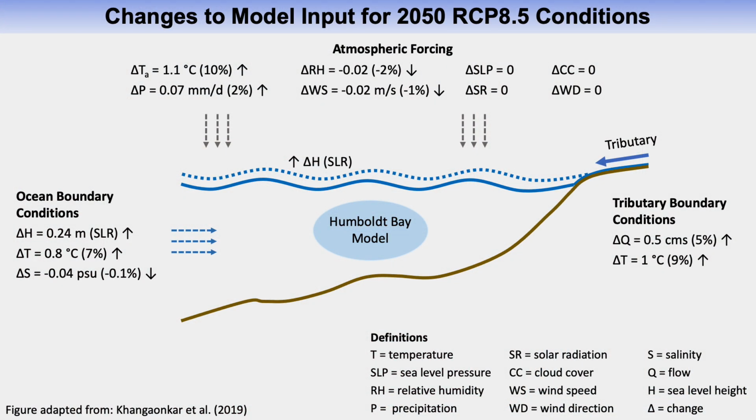These were the variables that I just couldn't get downscaled data for: sea level pressure, solar radiation, cloud cover, and wind direction. So I just assumed there was no change and used the 2019 data. And then for the streams flowing into the model, we're seeing about a 22% increase in stream flow, and the streams are expected to heat up by about 3 degrees C.